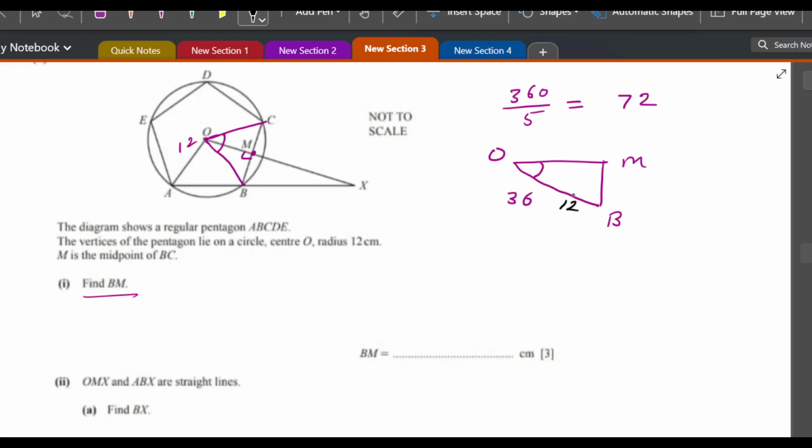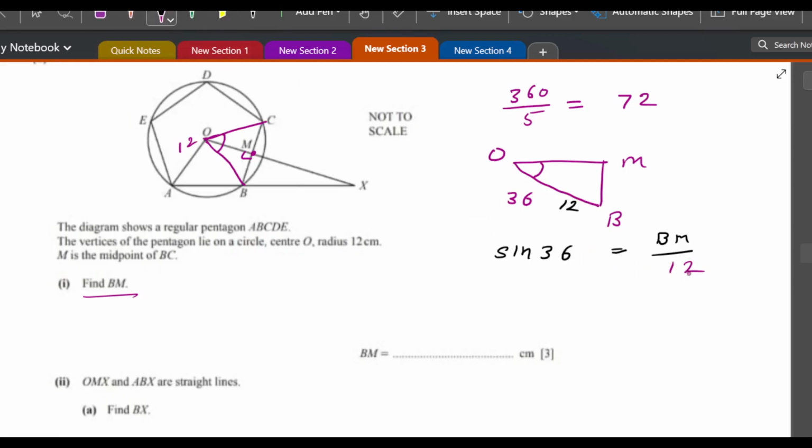Now they said to find BM. So for BM, I use sine 36 degrees. Sine 36 is BM divided by 12, since this length is 12.